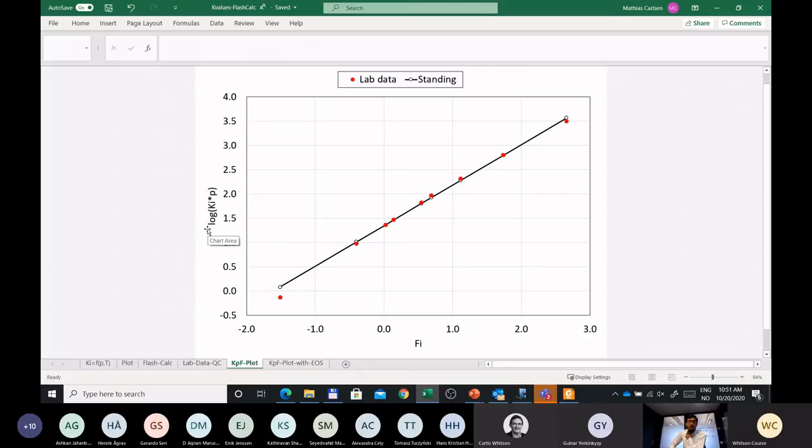That's not 100% true. If it's perfectly equilibrium data, then it will fall closely to the straight line, but not exactly on the straight line made between log of KIP versus FI here. And that's something Curtis is working on now, like how the method can be improved.